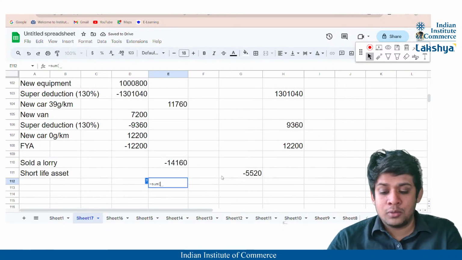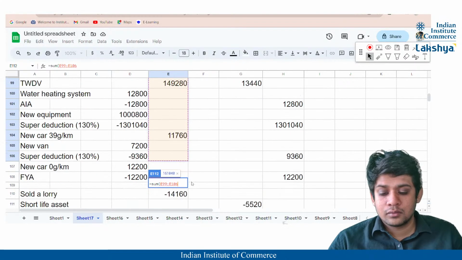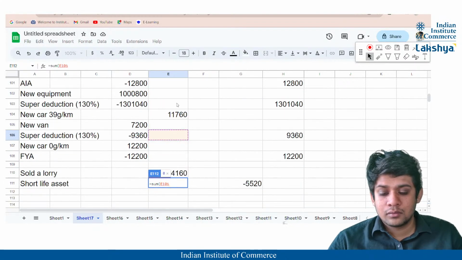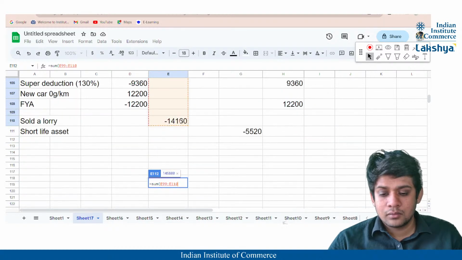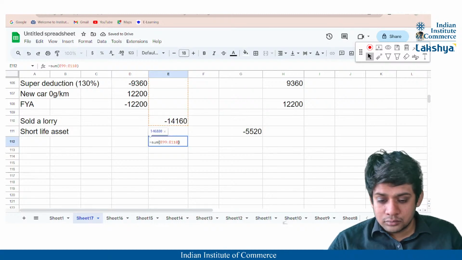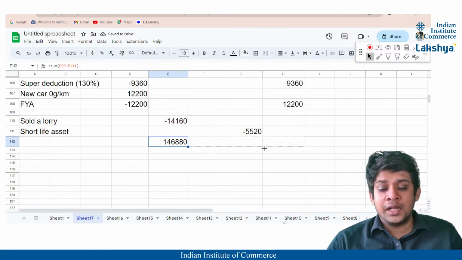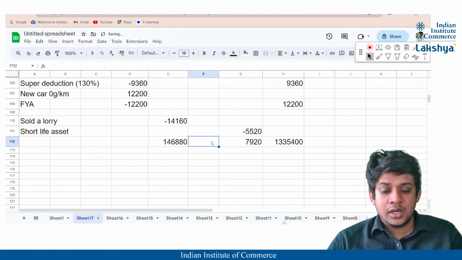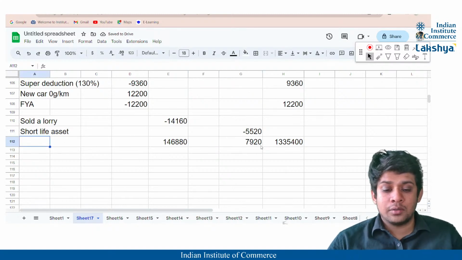Now I'll check the main pool balance. That is 146,880, and here it is going to be 7920. This is going to be my total.